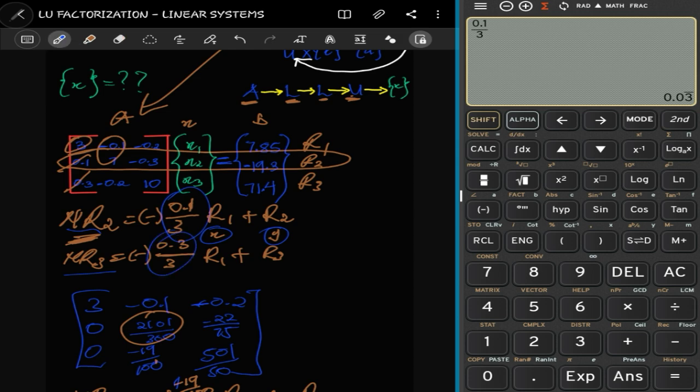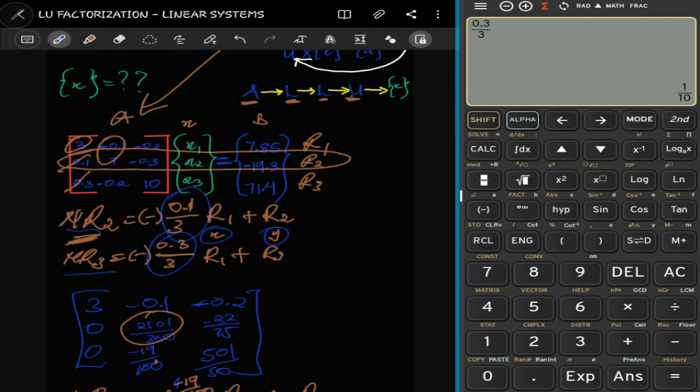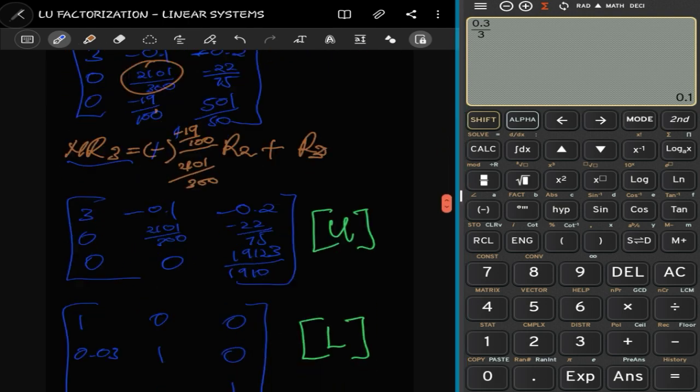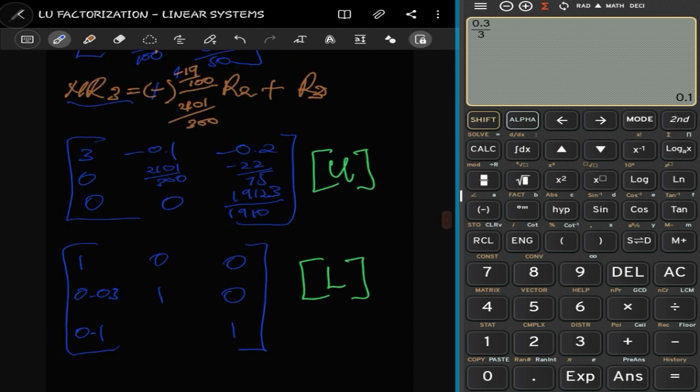So that's 0.3 on 3, and that gives us 0.1. So the factor in this case is 0.3 on 3, and that gives us 0.1, which is the first transformation for the third row.